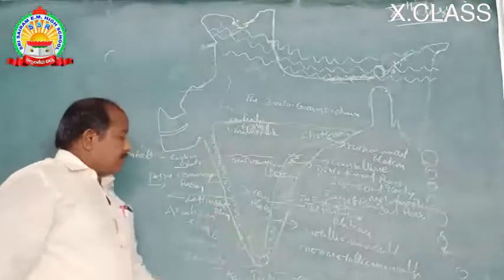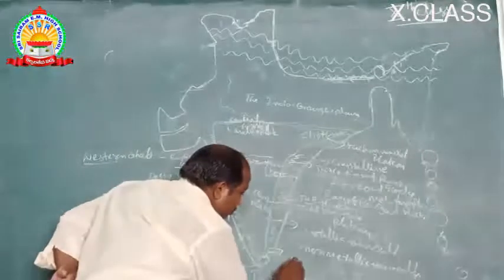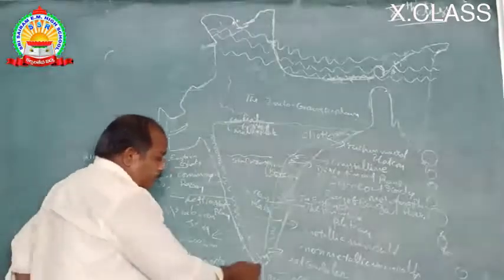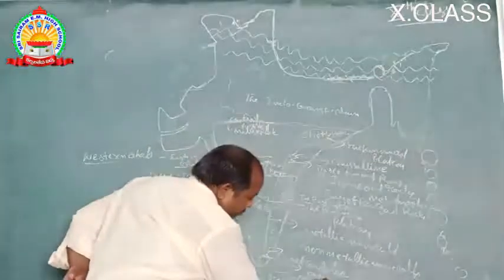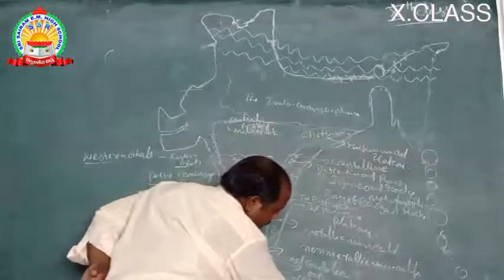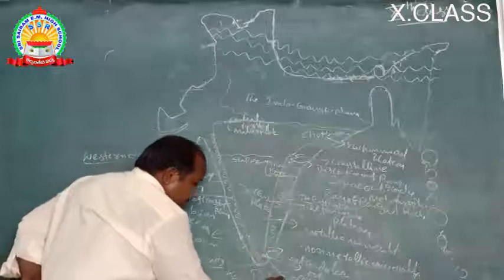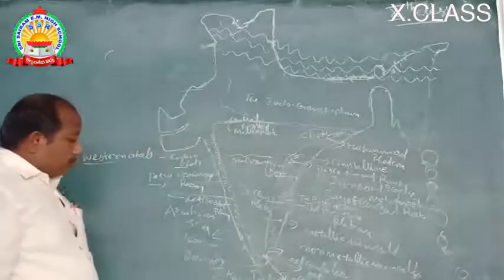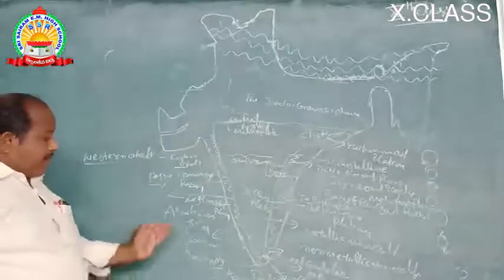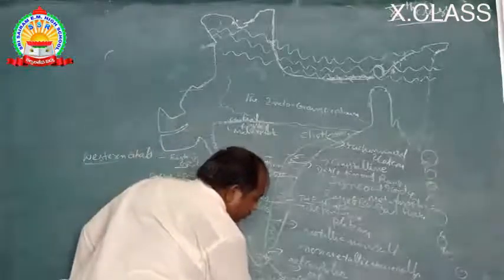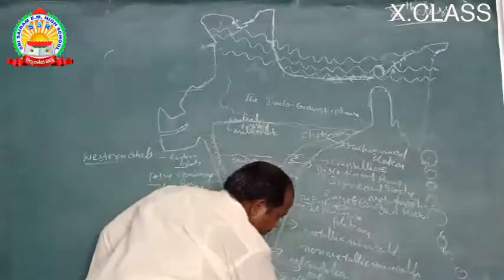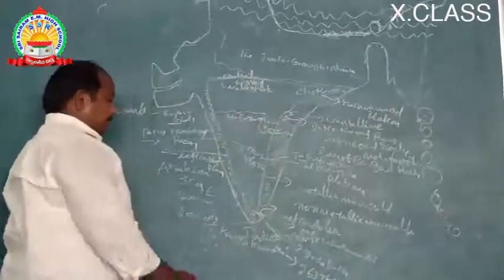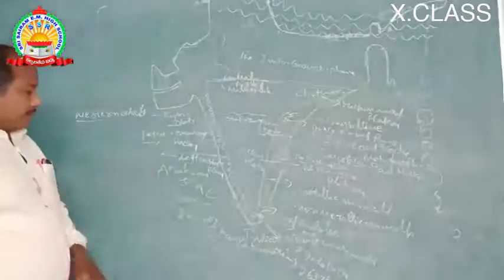The Western Ghats join the Eastern Ghats at the Nilgiri Hills, at Gudalur, also known as the Badaga Mandal. The highest peak in the Nilgiris is called Doddabetta. Its height is 2637 meters.